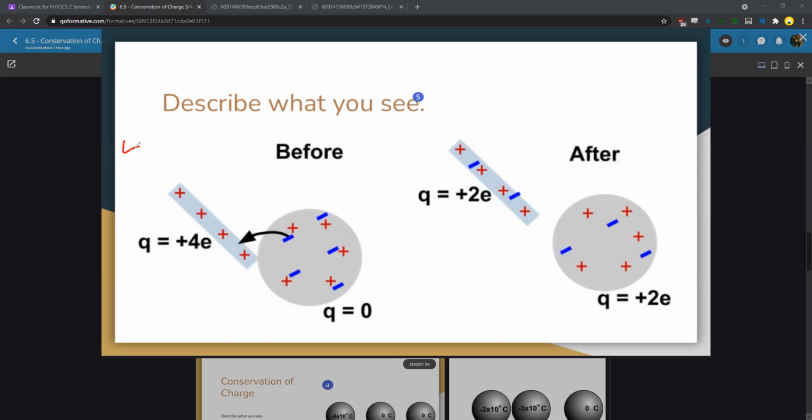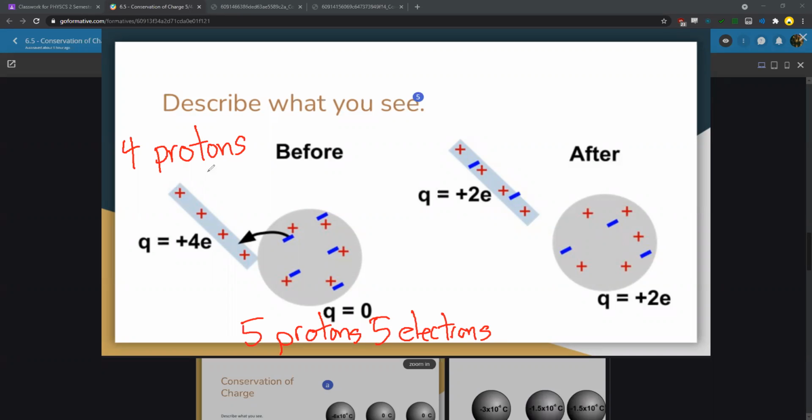Now, originally, this charged object had four protons. Let's say it has no electrons at all. And this object right here has 5 protons and 5 electrons. Well, the positively charged object is going to attract electrons from the neutral object. And so 2 electrons transfer over.